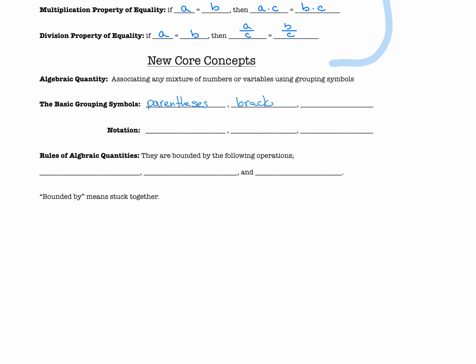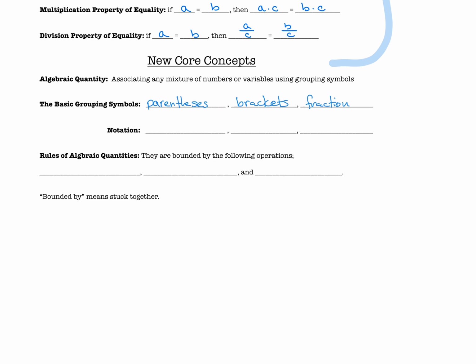We probably won't even get into brackets in this video, but we will get into the last one, which is a fraction. What's important here is you need to understand that fractions are actually grouping symbols. They are grouping a numerator and a denominator and asking how the numerator and denominator act together.